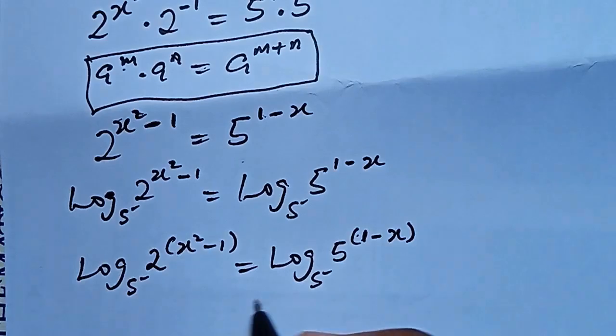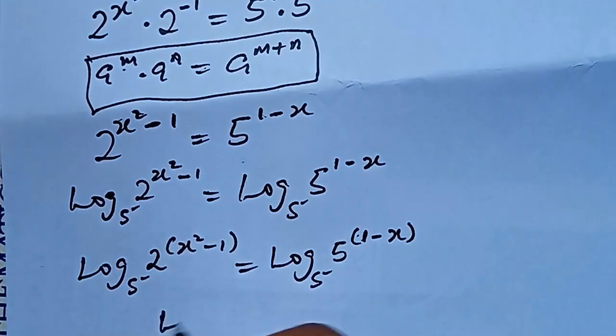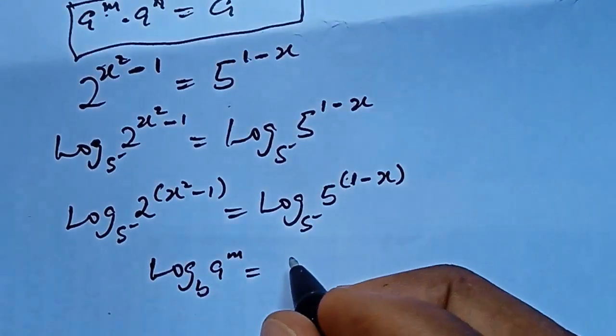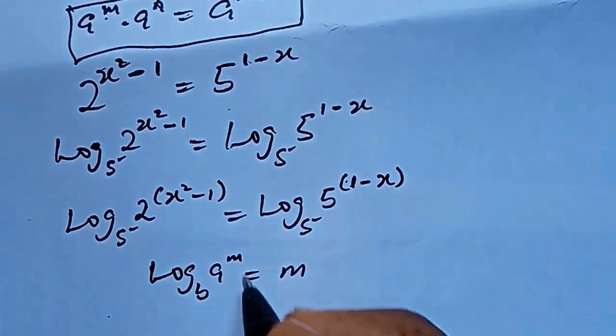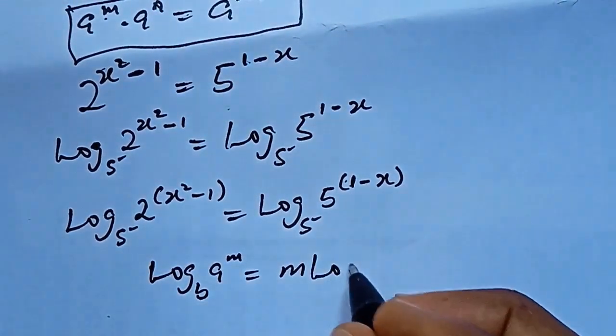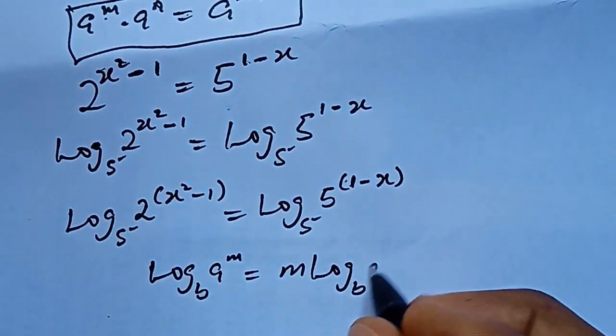So from the logarithmic rule, if we have log base b of a power m, we can express that as m coming down over here, then log base b of a.